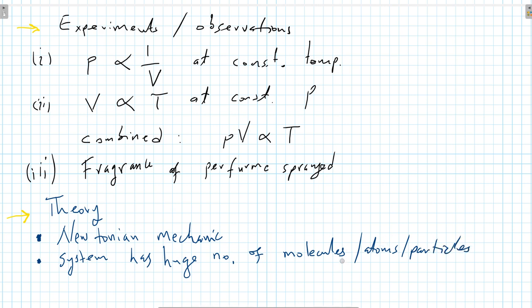Because of this, we're going to have to consider combinatorials for addressing the system.